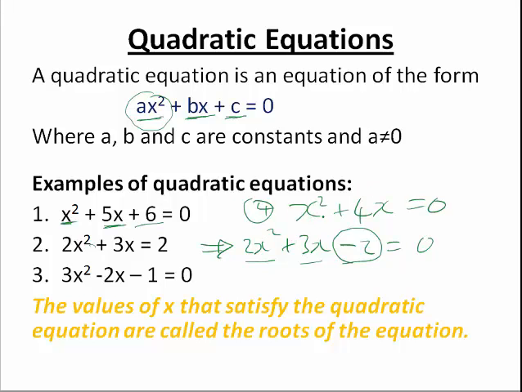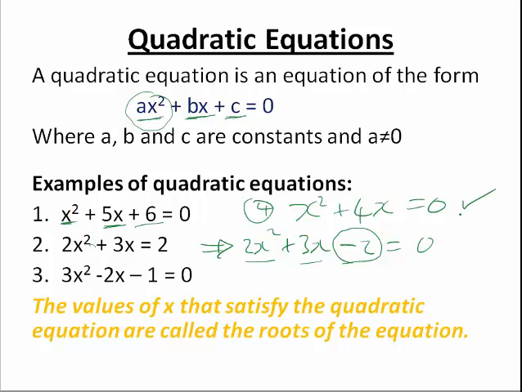The only thing here is that while we have value for x squared, the coefficient is 1. Then we have 4x, the coefficient is 4. We don't have value for the constant, for the c. But we can still solve for x. So this is a quadratic equation as well.